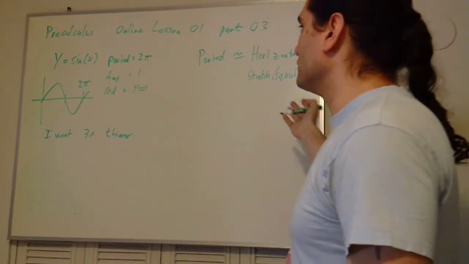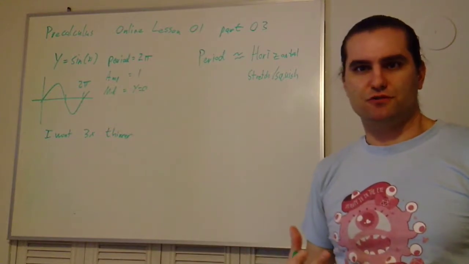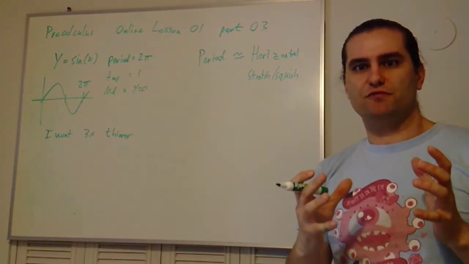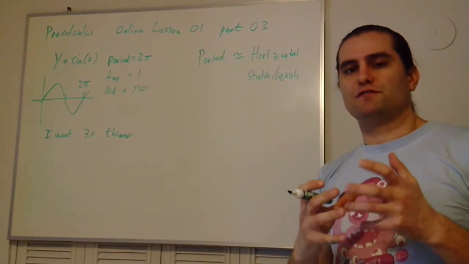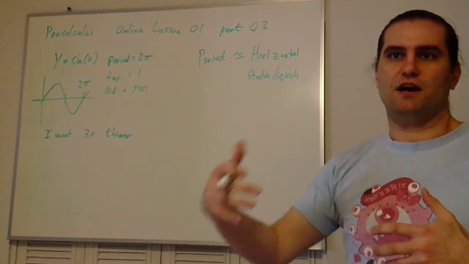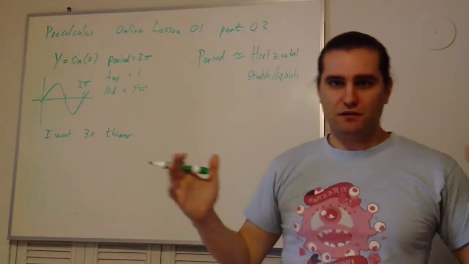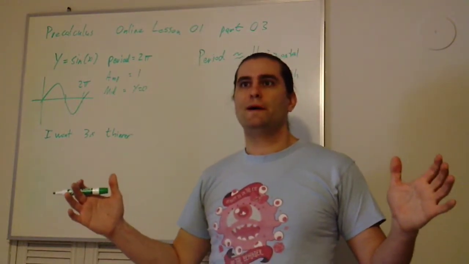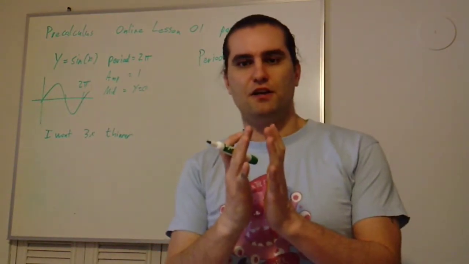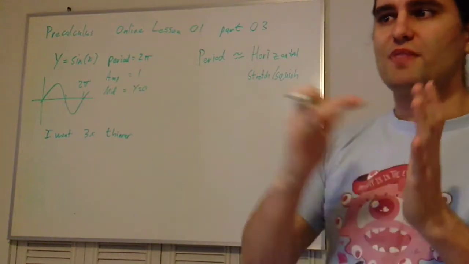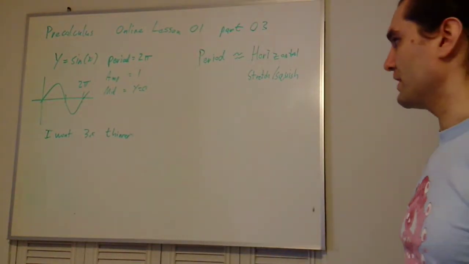For horizontal transformations, they all work in a weird sort of counterintuitive way. If you want something to move to the right, a positive direction, you have to subtract on the inside of the function. If you want something to be wider, you have to divide. If you want something to be thinner, you have to multiply. The horizontal transformations are always backwards from what you'd expect.